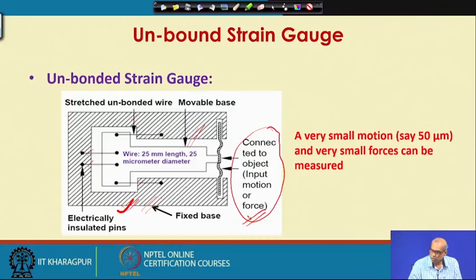A very small motion, say about 50 micrometer, and very small forces can be measured using a strain gauge. As we discussed, different wires can be used such as copper nickel alloy, chrome nickel, nickel iron alloy, and so on. Typically, the diameters of these wires are 0.03 millimeter.